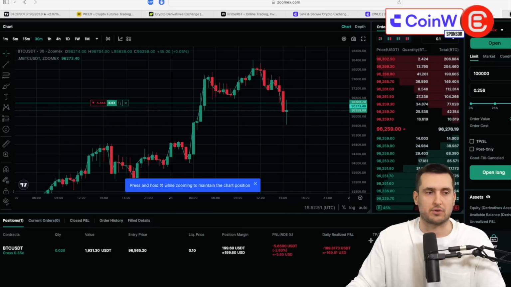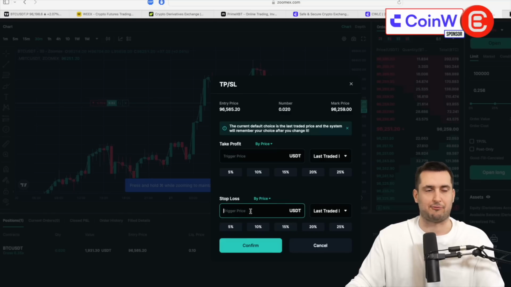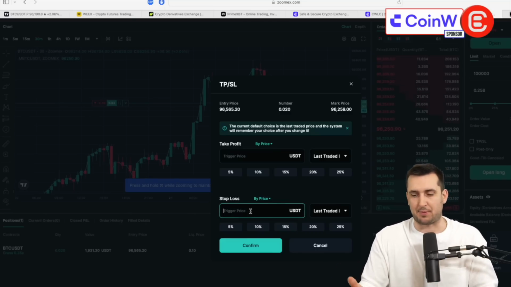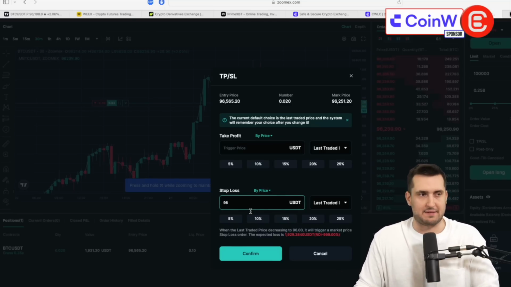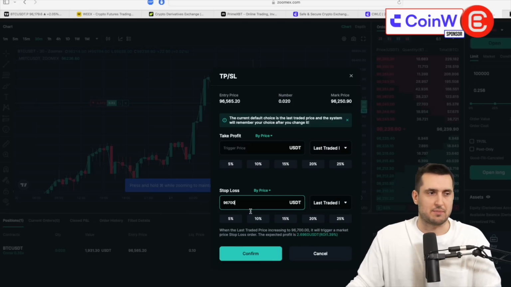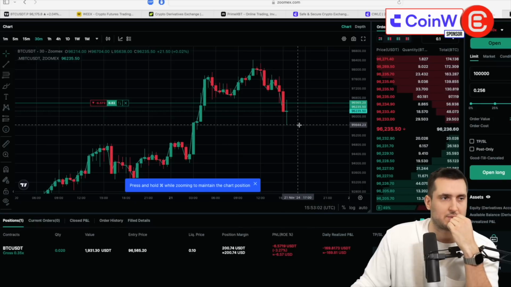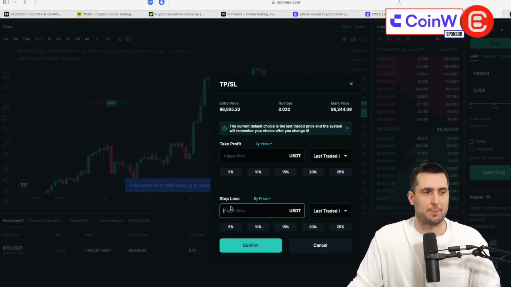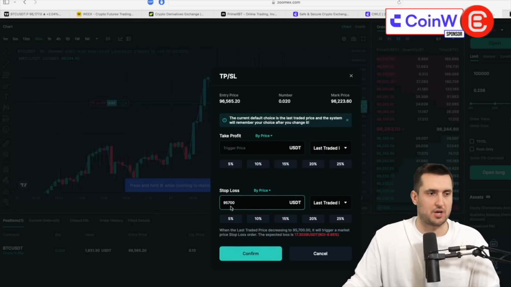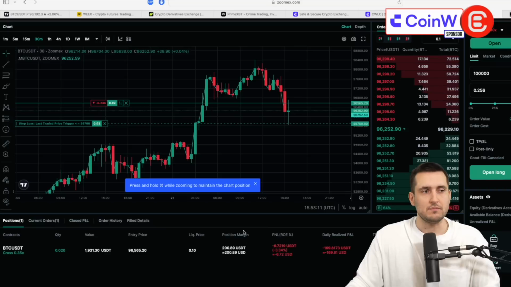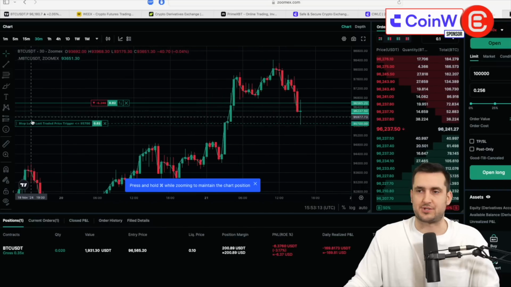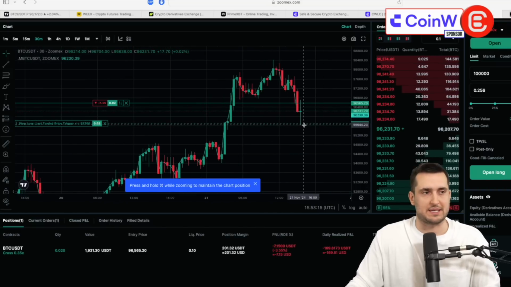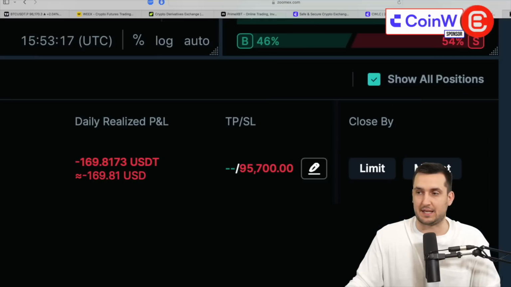If I believe it's not going to happen, I can click here and say, if we go below that level, my position will be invalidated, and I would like to get out. So I write in stop loss 95,700. I'll confirm. And as you see, it says stop loss order, and it puts it down here.